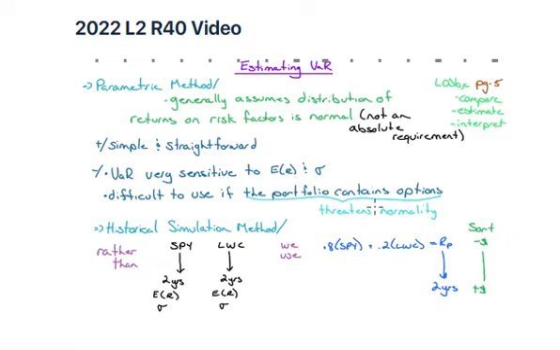Let's go from parametric to historical simulation. This is what we did in the parametric method: we took each risk factor and the 2-year history, and we looked at the daily returns over the 2-year history for both of them. We calculated an expected return plus a standard deviation for this, and an expected return plus a standard deviation for that ETF.